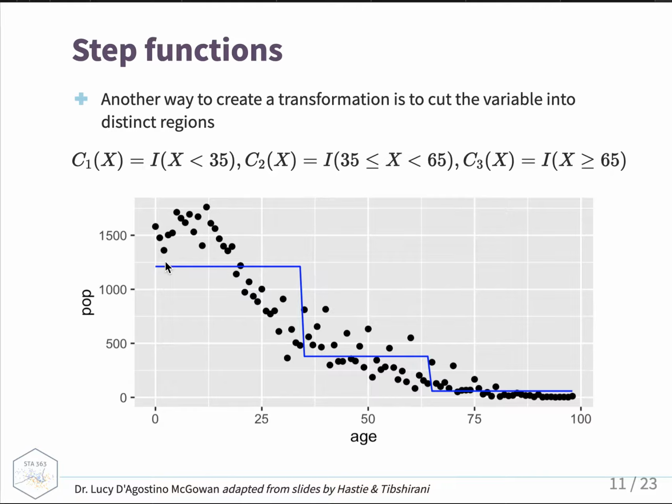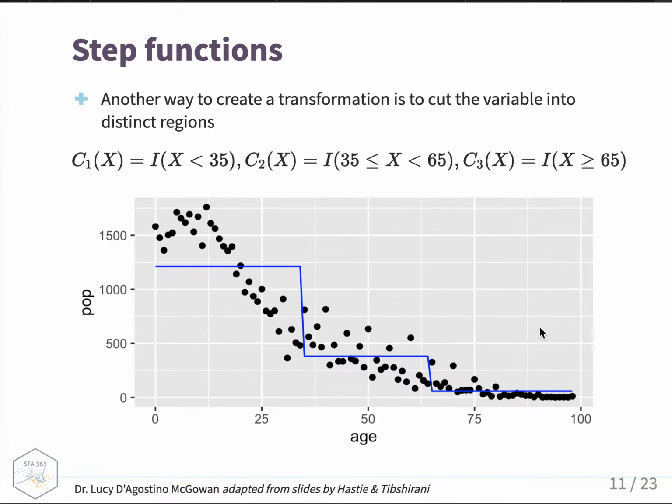Briefly, another way to create a transformation is just to cut a variable into distinct regions. This is known as a step function. What I've done here is, instead of fitting this flexible model that connects these points, I'm fitting a model with just indicator variables across each of these three steps in this case.